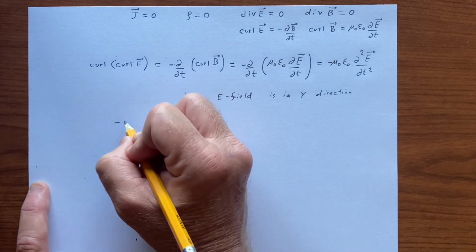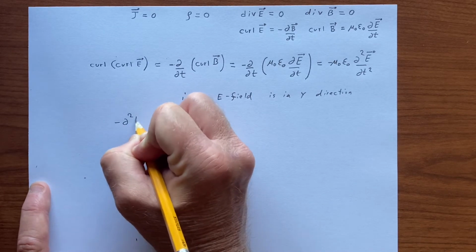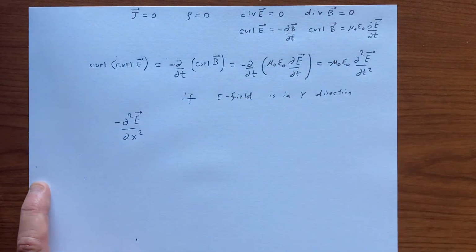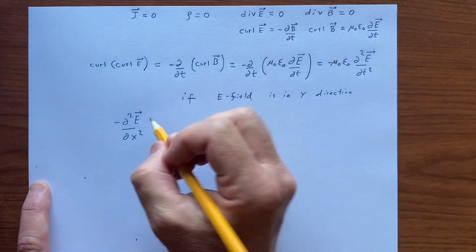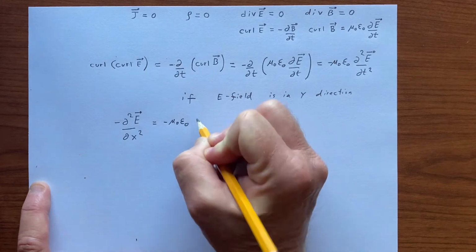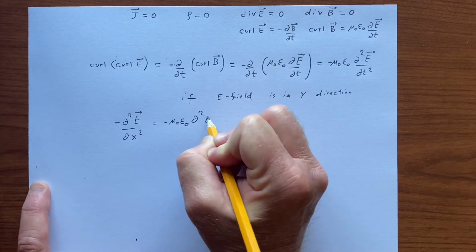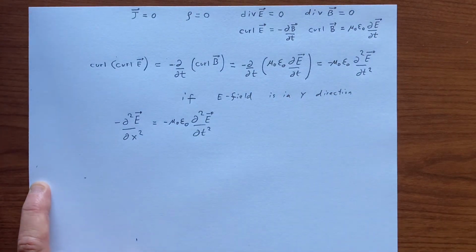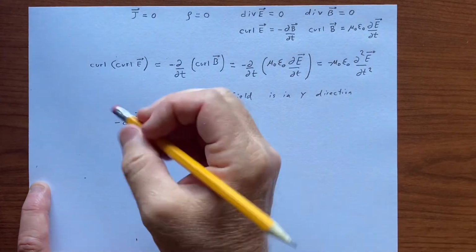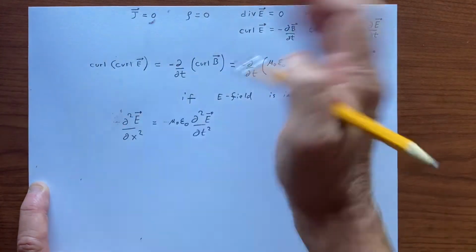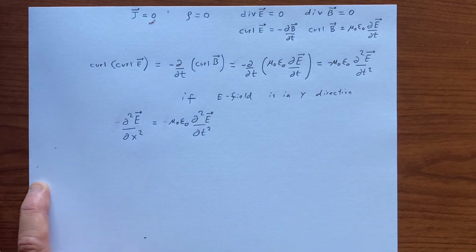So it turns out to be the second derivative of E in x. And that, of course, has to be equal to this, so it's minus mu naught epsilon naught, two derivatives in time of E. We can just get rid of the minus sign, right? There's a minus here and a minus here. And we notice that that's a wave equation.